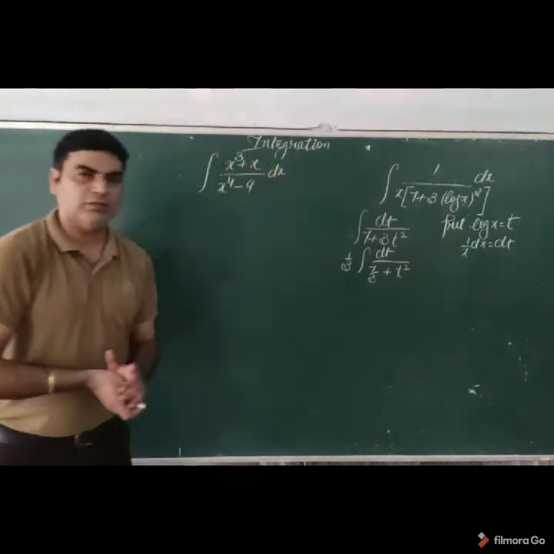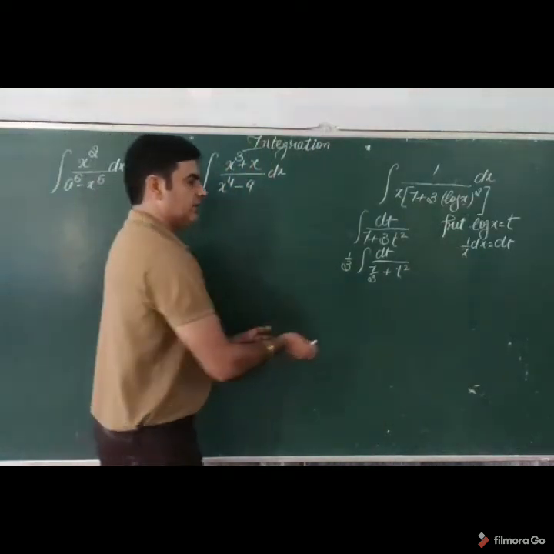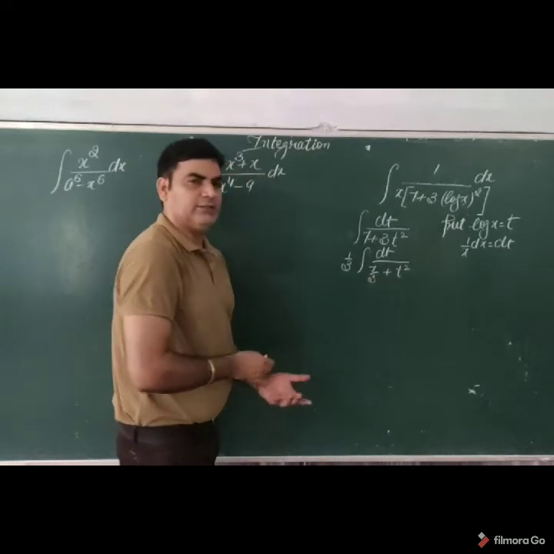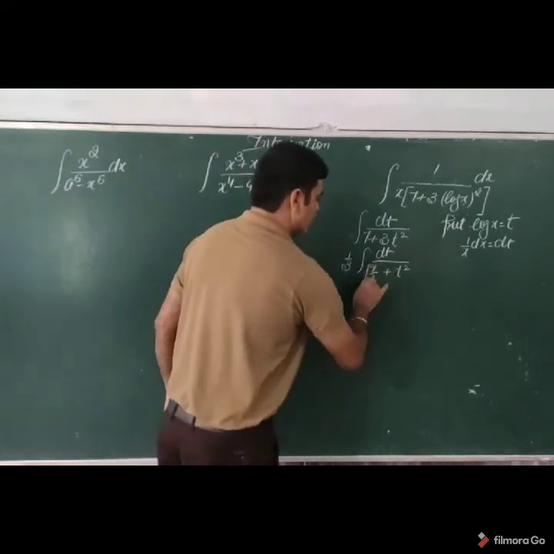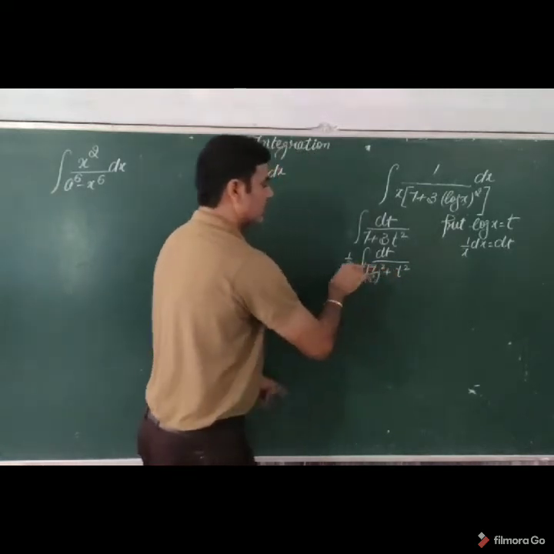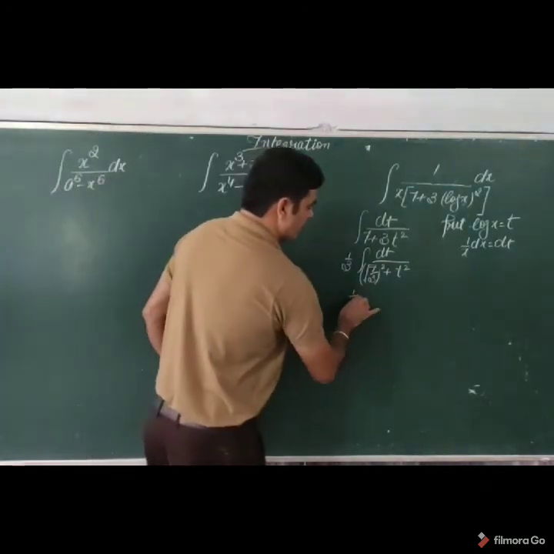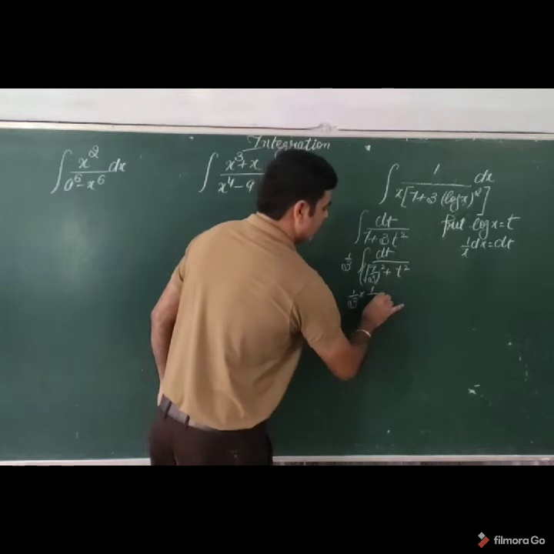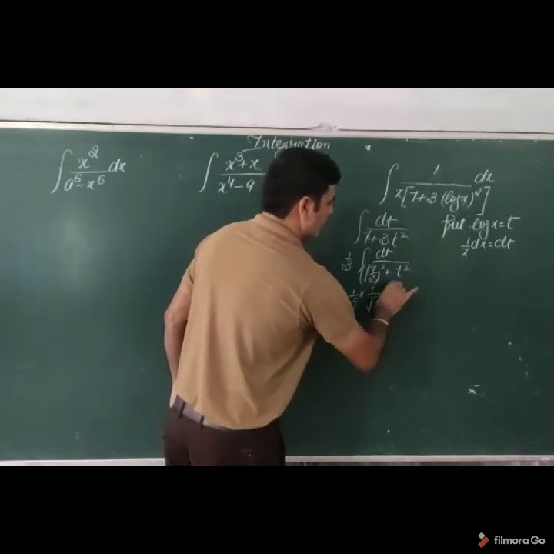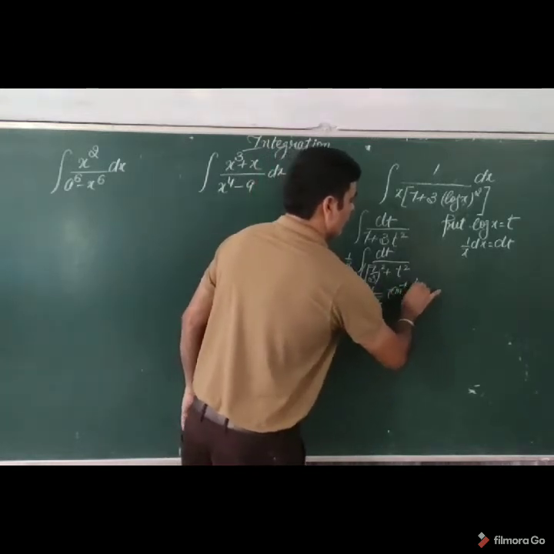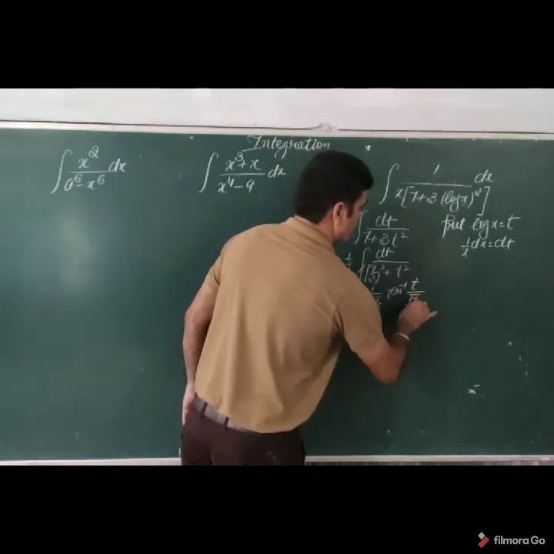According to our rule, both the terms should be perfect squares. It is a perfect square, it is not a perfect square. So to make it a perfect square, use square root and then square. Now it becomes the rule of a square plus x square, which is given by 1 by a tan inverse x by a plus c.